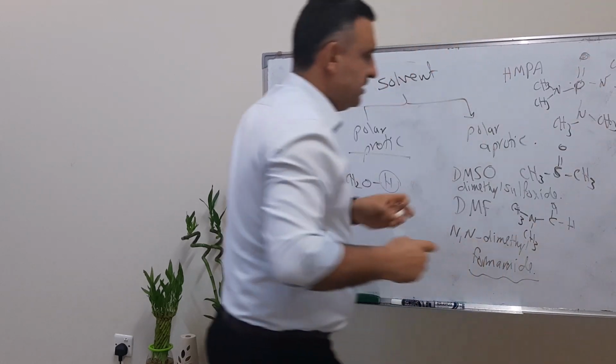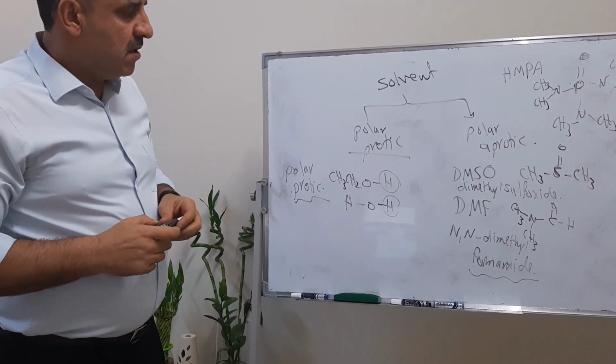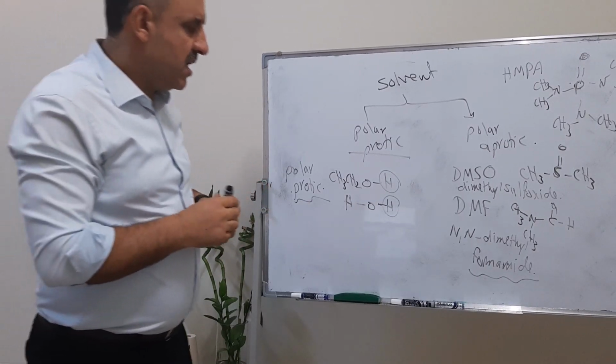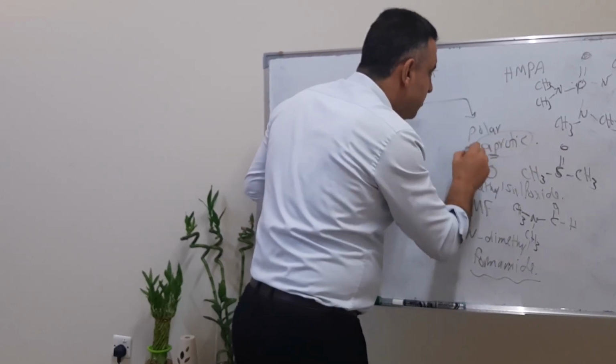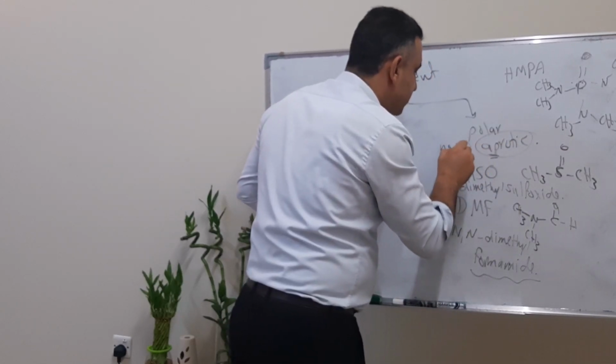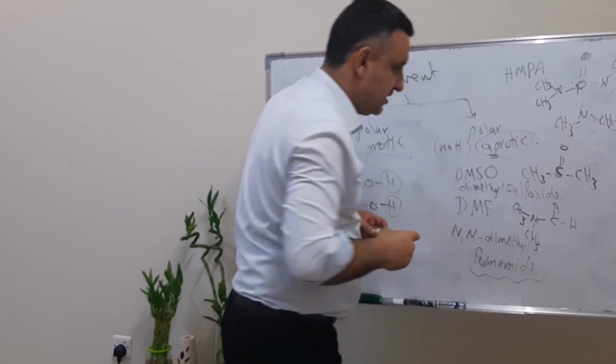These are what we call polar aprotic. The meaning of aprotic here is there is no hydrogen attached to an electronegative atom, which makes the polarity. No hydrogen in this case.